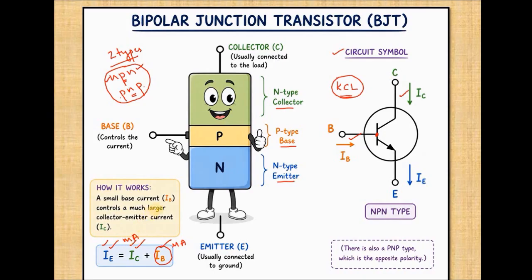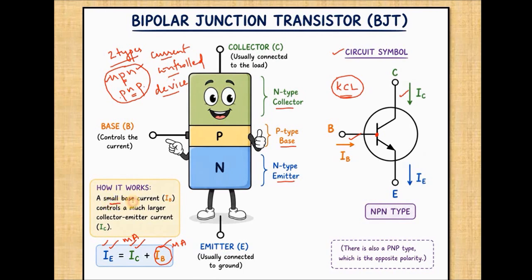Now we also say that a BJT is a current controlled device. And this is the terminology which actually differentiates a BJT from a JFET. So what does it mean?